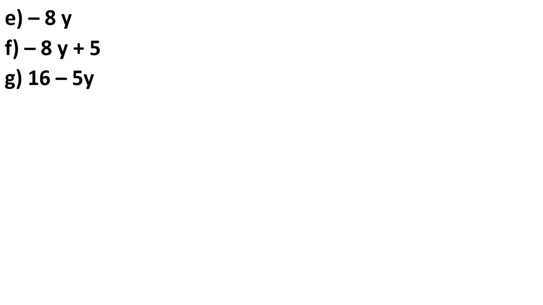H, y is subtracted from minus 5 and the result is added to 16. So, minus 5y plus 16. Or you can write down like this also, 16 plus minus 5y.